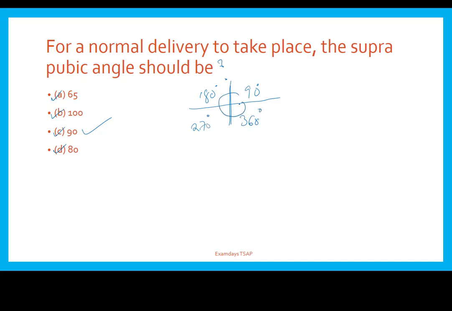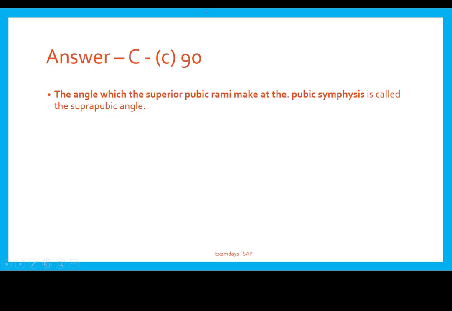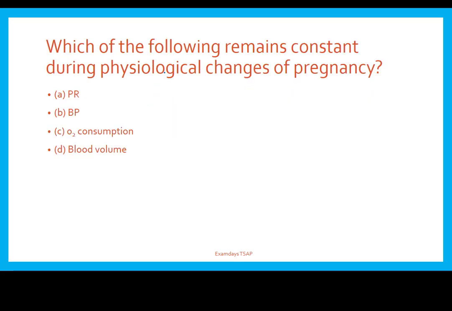So for a normal delivery, the suprapubic angle should be 90 degrees. This is the shape which we call 90 degrees. The explanation is given, but it is the same thing. Moving on to the next question.